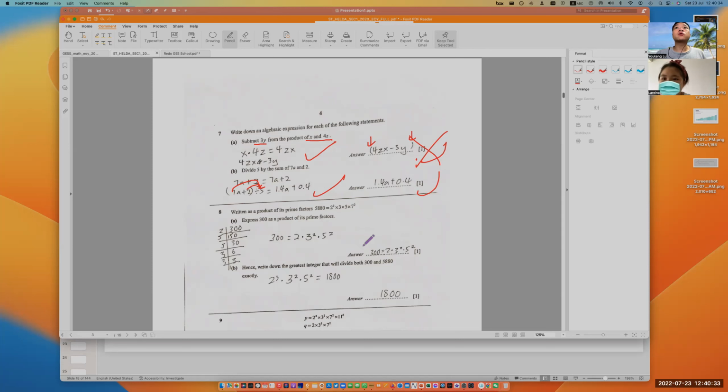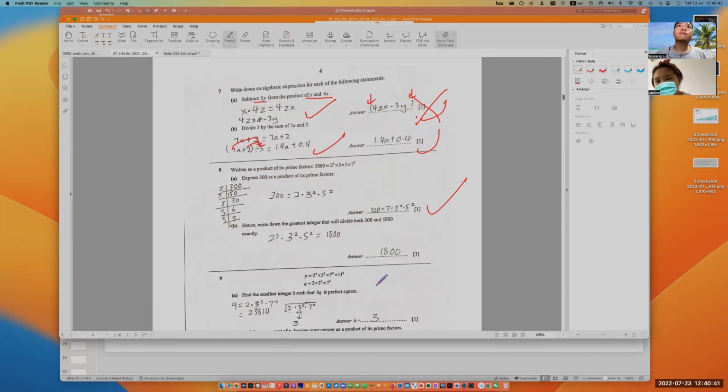Okay, so for this one, prime factorization, then what? Write down the greatest integer that will divide both. So basically this one is the divisible. So divisible by 300 and this. So you just compare. Basically this is 5800, then you compare with this. So what is the greatest integer? So it's HCF.